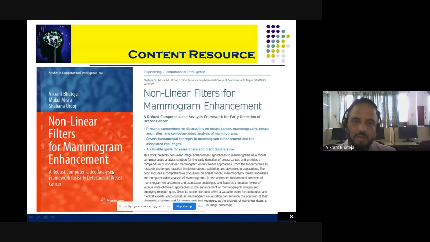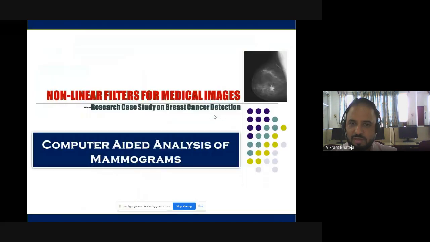So this was the major content resource that we have published out of this research in this particular domain, in the last decade, by the name Non-Linear Filters for Mammogram Enhancement, published with Springer Studies in Computational Intelligence. In this, the very first introductory topic that I'll be taking is computer-aided analysis of mammograms.